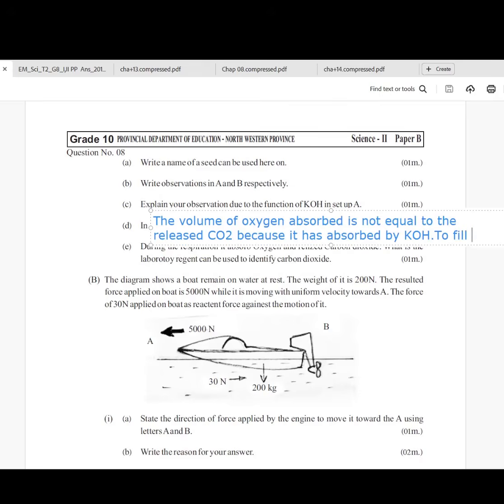To fill the air gap, colored water rises through the tube.